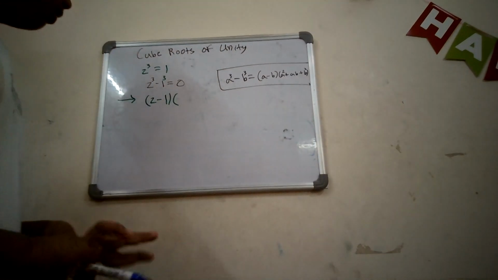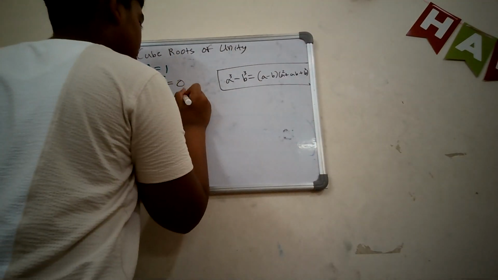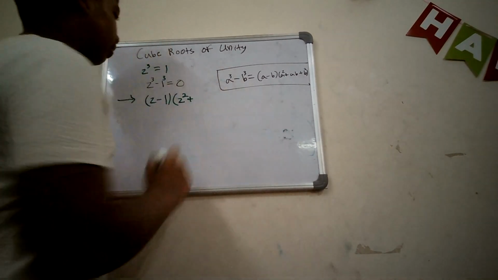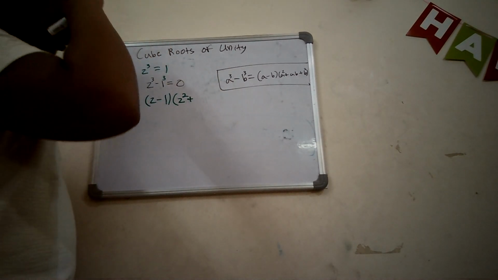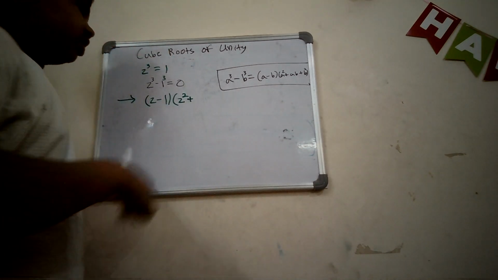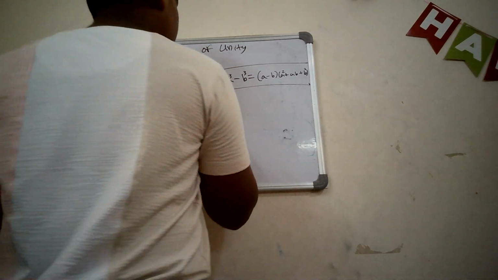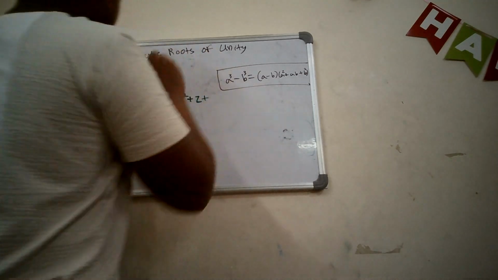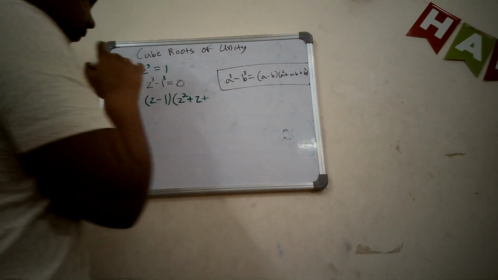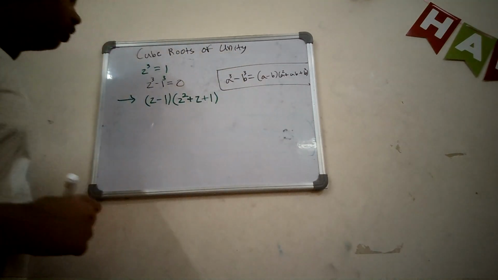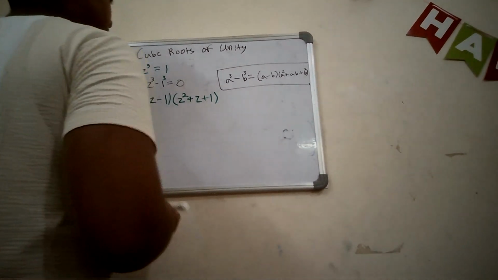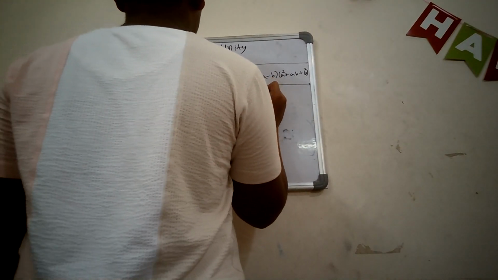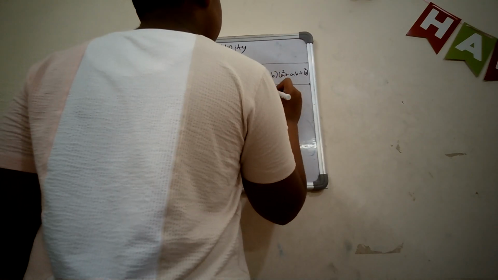Into Z squared plus Z squared plus Z, because Z into 1 is Z, and B squared will be 1. Yeah, because in this case, we have A is equal to Z, and B is equal to -1.